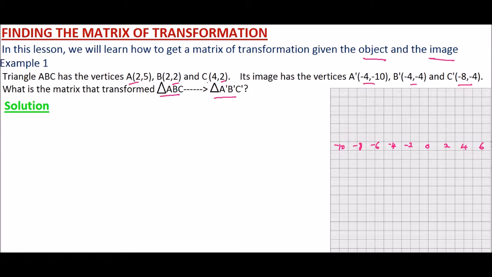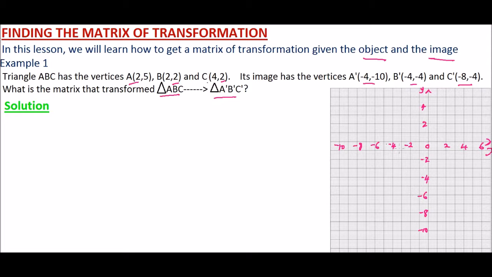Then that is our x-axis. On the y-axis, we say this is 2, this is 4. On the negative side, we have minus 2, minus 4, minus 6, minus 8, minus 10. Let's start with our object.